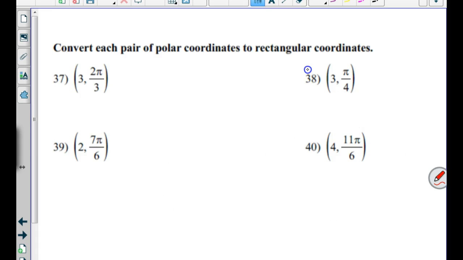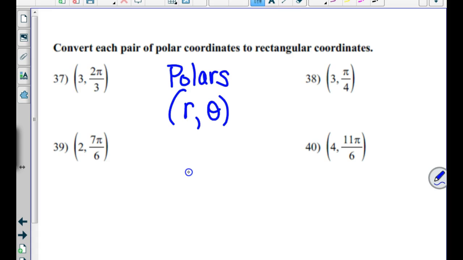Oh, great fun. Anybody remember what this means? It's really just vector stuff, guys. And what is this? And what is this? When you have polars, it's an r and a theta. So what can we do if we know an r and a theta?